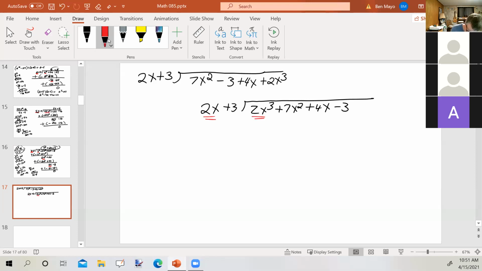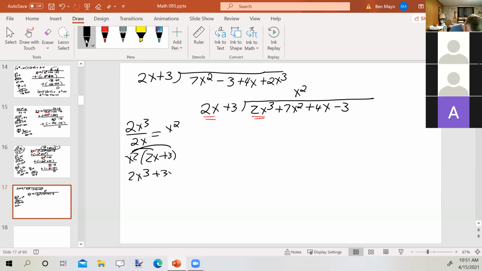Leading term inside divided by leading term outside. 2x cubed divided by 2x is x squared. X squared times the quantity 2x plus 3 is 2x cubed plus 3x squared.